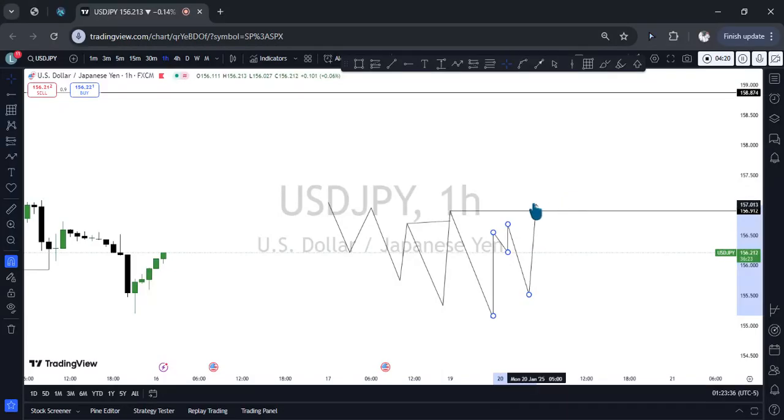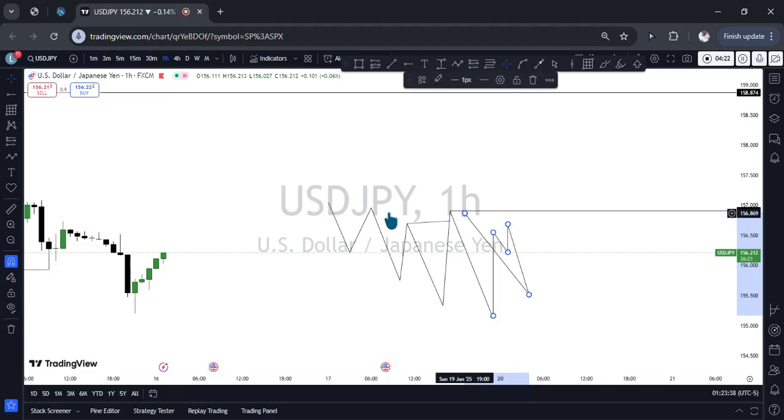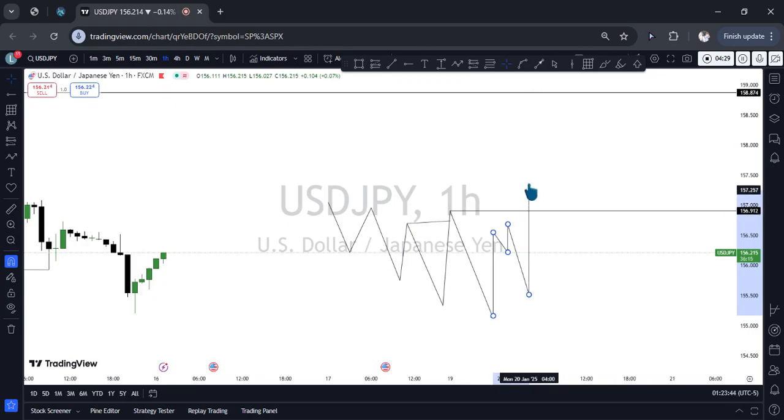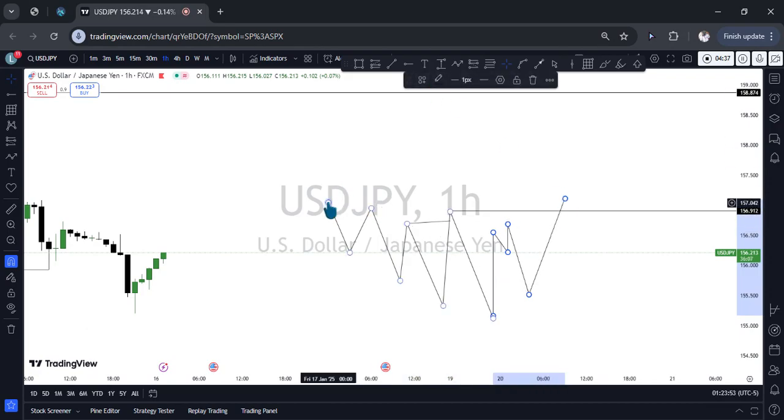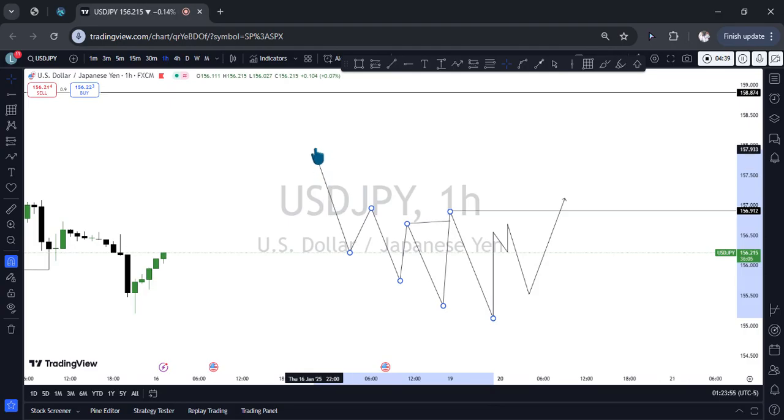and it will do what? Take all the liquidities resting above this high and this high, right? So let's say for example now, when a market is already mitigated, this zone is already mitigated.